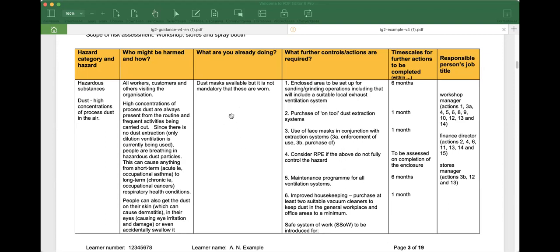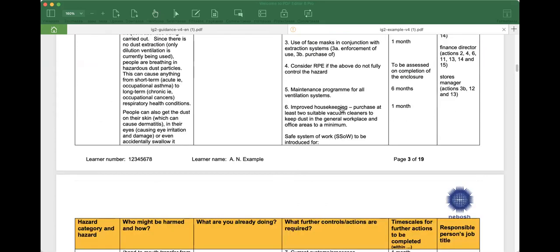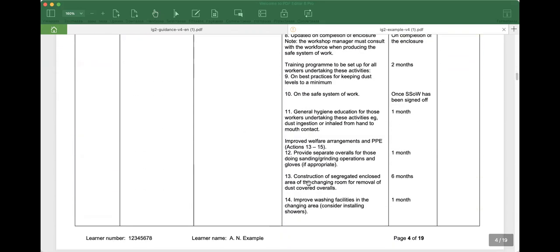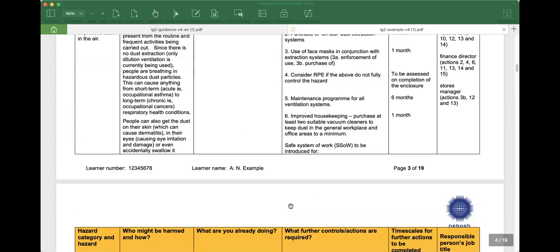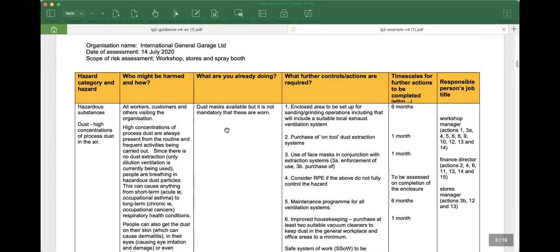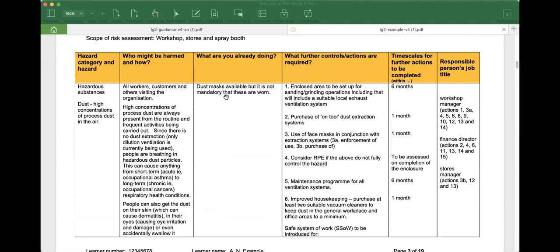But if you have more control measures in this column, then you need to produce fewer control measures in the other. Suppose here is only one control measure available, but you can see the further control measures are 14. So if 14 control measures are available here, it means you produce only one control measure here. Is that clear?